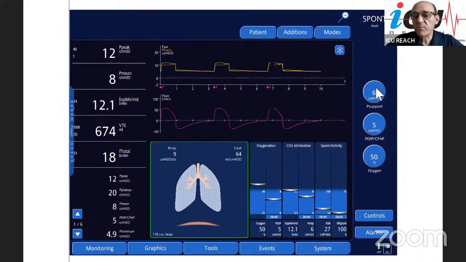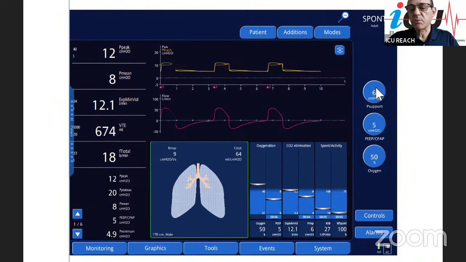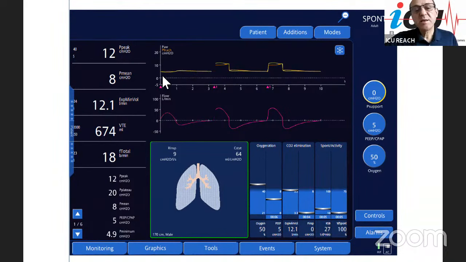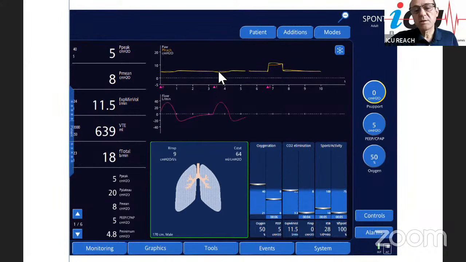Now let's take off the pressure support, because the purpose of the ATC is to eliminate the pressure support. If I turn the ATC on, I don't need to keep the pressure support on. So I'm going to remove the pressure support and take a look at what happens. You can see, again, a differentiation between the tracheal pressure and the circuit pressure, which is the yellow line here.